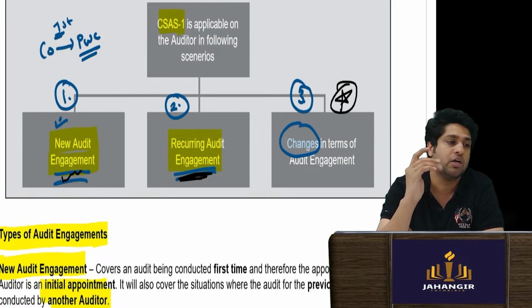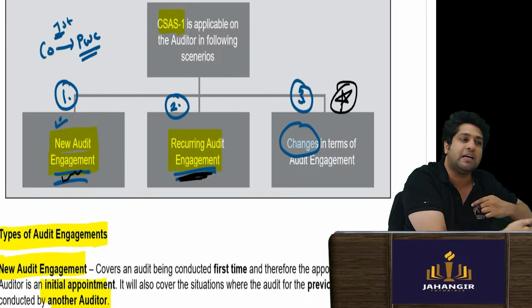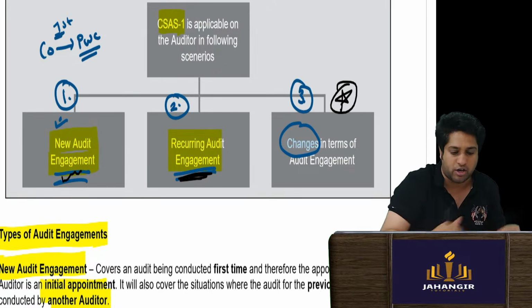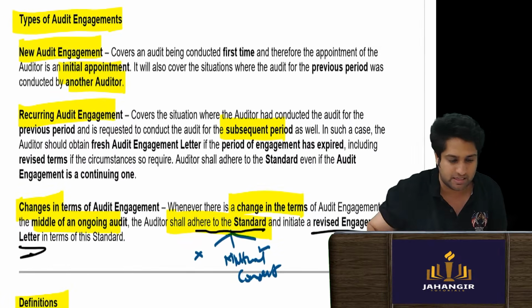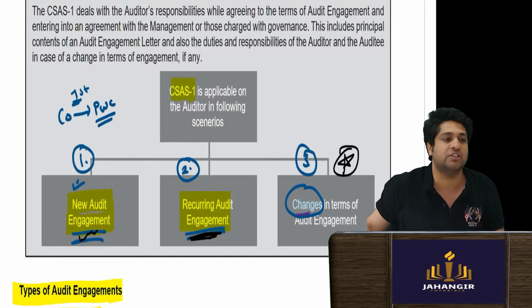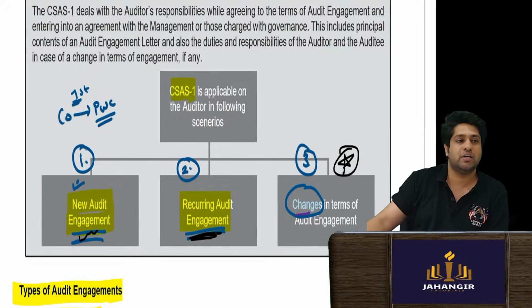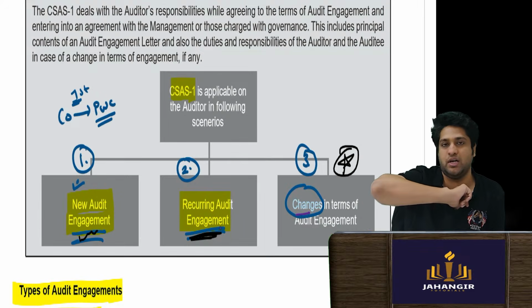So if I am appointing an auditor for this year, next year I can repeat it, recur it. So it will be a recurring audit. In such a case, very simple. And the other most important one is what to do when someone is telling you to change the terms of the audit. In law, they can ask you a question that the company is telling you to change the terms of the audit. Should you change?